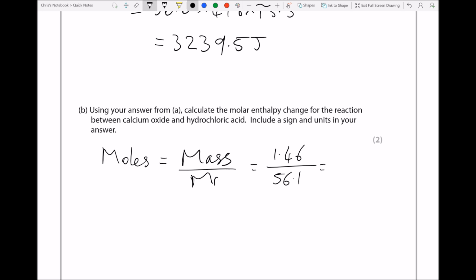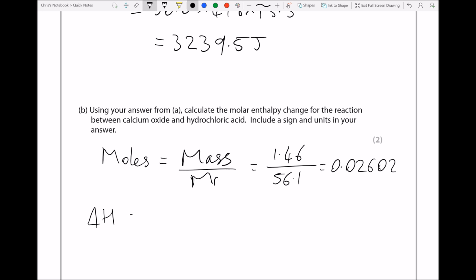And then if you put that into a calculator, you should get the number of moles to be 0.02602.